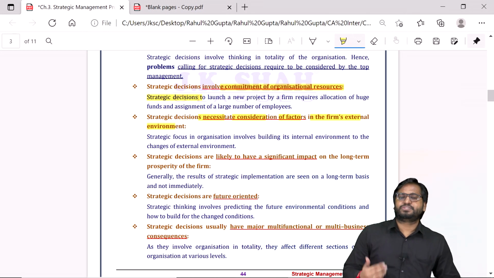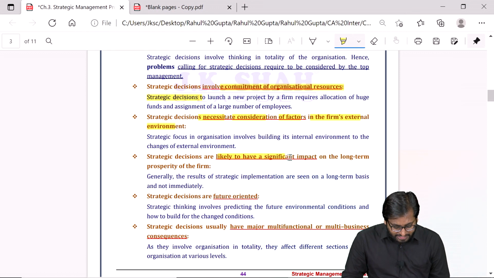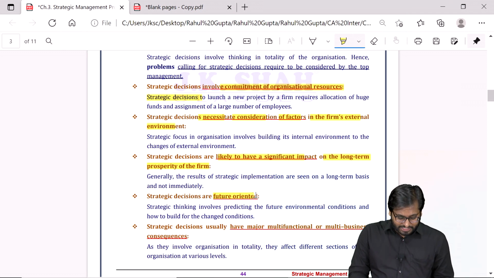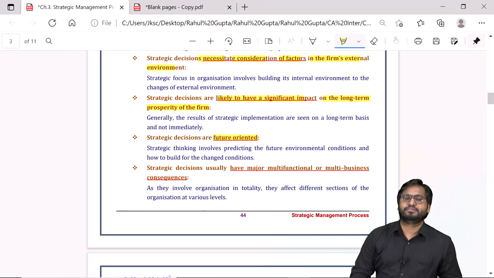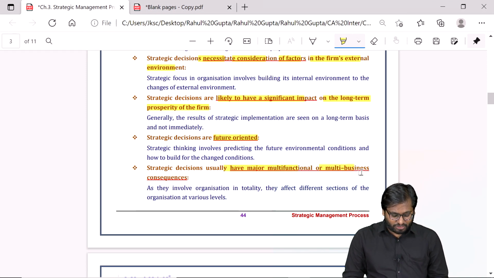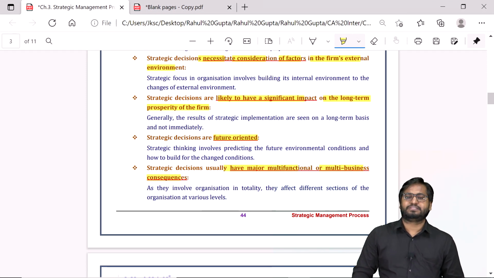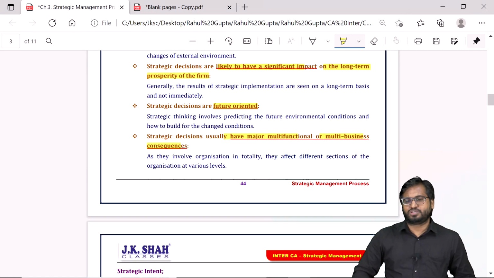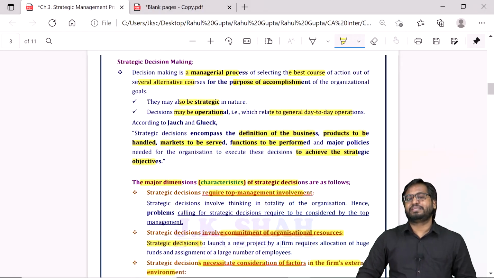Strategic decisions are likely to have a significant impact on the long-term prosperity of the firm. It is future-oriented. Usually they have multifunctional or multi-business consequences. So this was your strategic decision making.